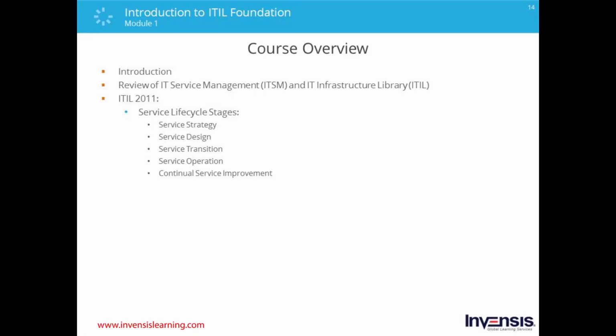These 5, by the way, are not processes. These are known as lifecycle phases or stages. So there are 5 lifecycle phases. This is number 1. This is 2, 3, 4, and 5. As you can expect, continual service improvement, because of this word continual, is not in sequence here, but it happens throughout. This last one happens throughout.